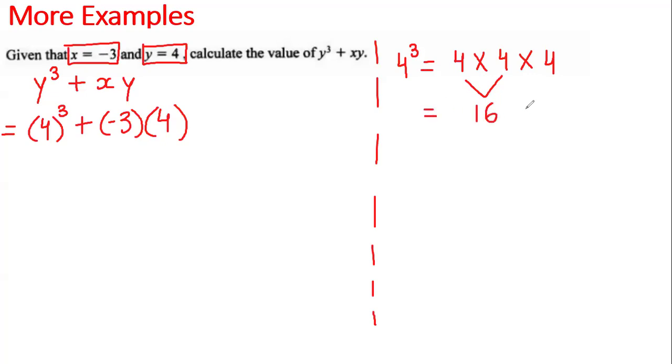Times 4. And 16 times 4 is what? 64. Very good. How do we know that?